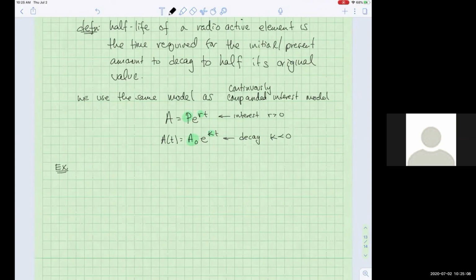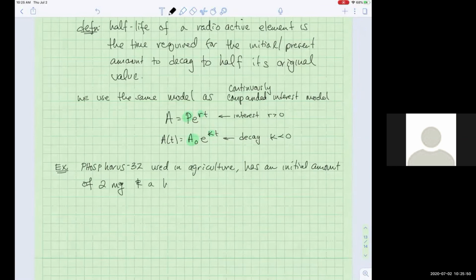Let's see here. Phosphorus-32, used in agriculture, probably fertilizer bombs, has an initial amount of 2 milligrams and a half-life of 14 days.